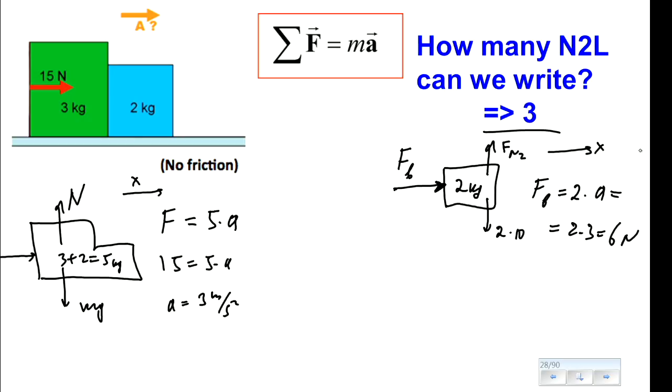Don't forget that. Well, of course, now we can write Newton's law for the big box, the green one. Diagram. This force acting on the left face of the box. Do I know this force?